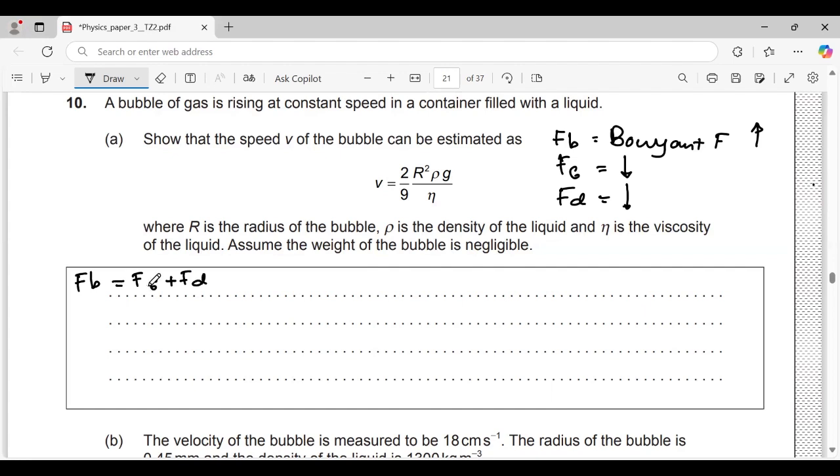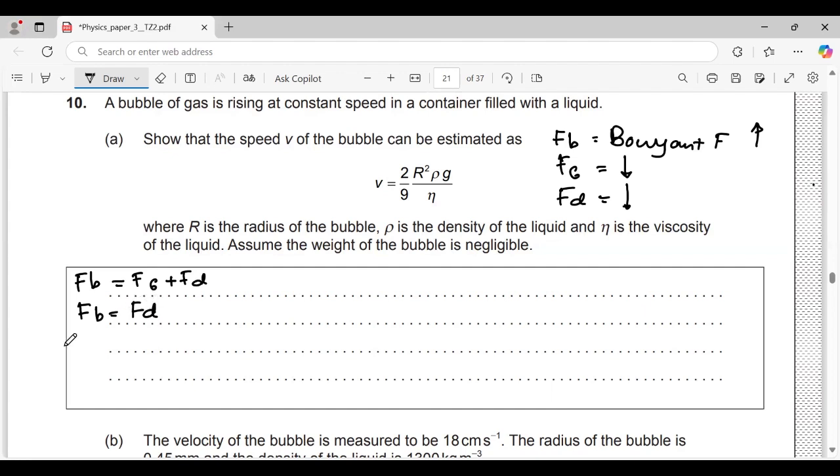So it means the gravitational force can be ignored. If the gravitational force can be ignored, this equation becomes Fb equals Fd. Right. It means buoyant force equals the drag force.